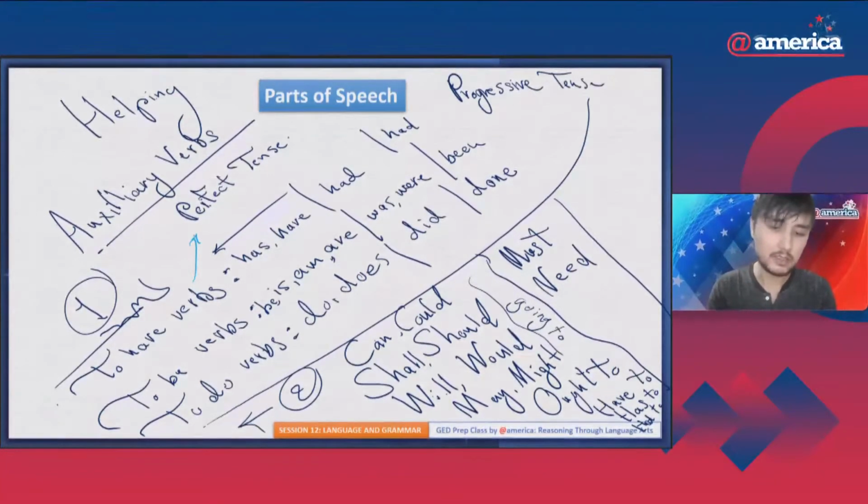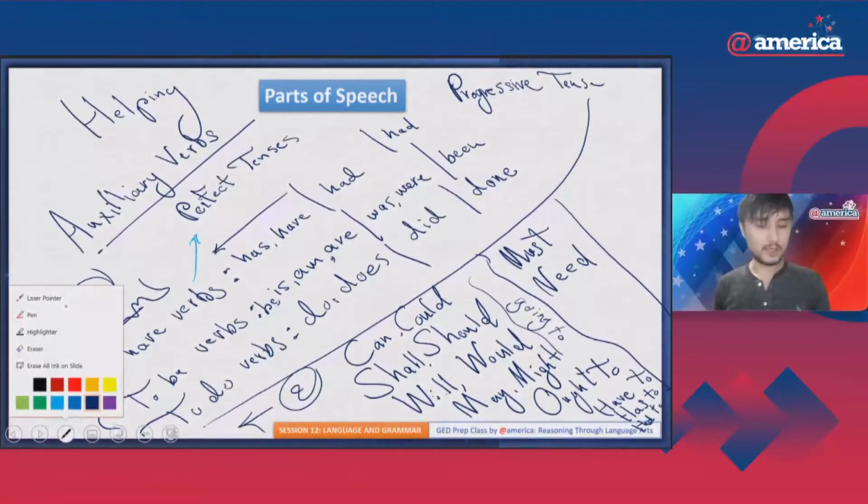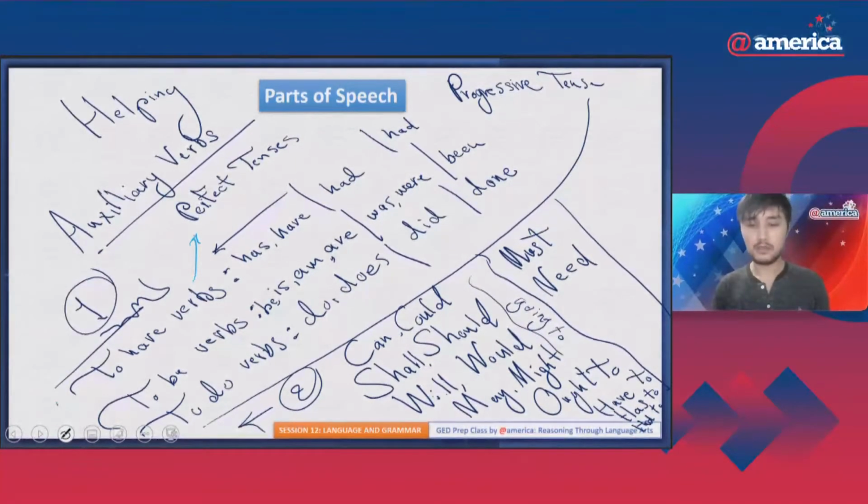It doesn't really matter whether it's present progressive tense, past progressive tense, or future progressive tense. It doesn't really matter if it's present perfect progressive tense, past perfect progressive tense, or future perfect progressive tense. We use to be verbs.